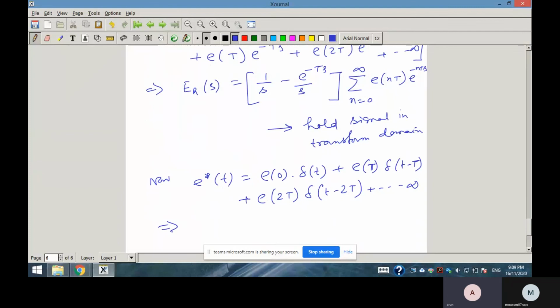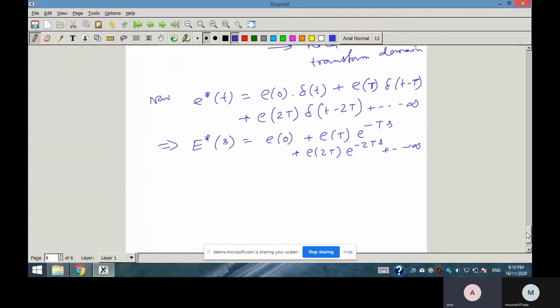This implies what is your E*(s)? E*(s) is E0, since the Laplace transform of the delta function is 1, plus E(T) e^(-Ts) plus E(2T) e^(-2Ts) plus dot dot dot infinity.